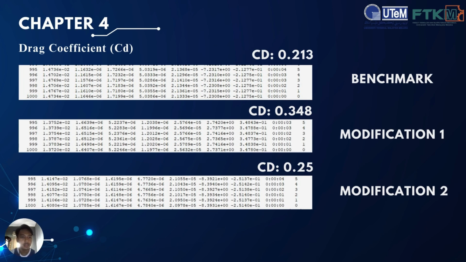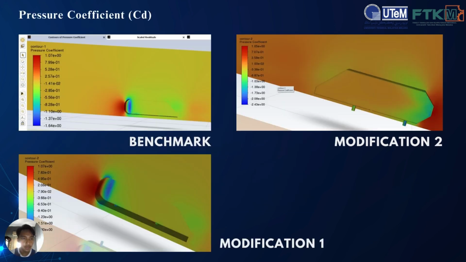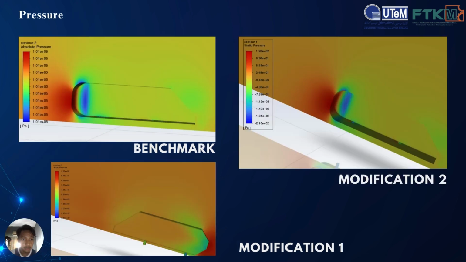Firstly, the result is drag coefficient, which for the benchmark is 0.213, modification 1 is 0.348, and modification 2 is 0.25. Next result is pressure coefficient, which is CD. For the benchmark, the maximum pressure coefficient is 1.07, modification 1 is 1.07, and modification 2 is 1.05.